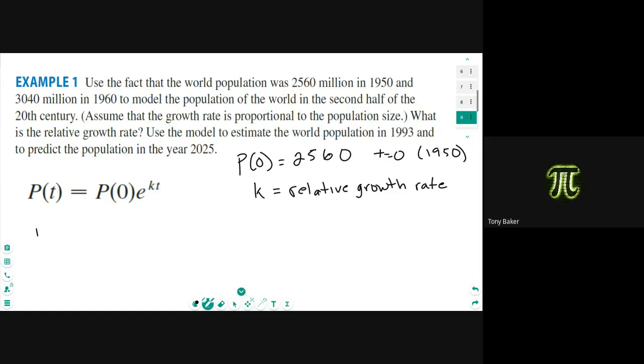Right now we have P of t equals 2560 e to the kt. We have the information for 1960, so what's t in this case? 10. And what's the population? 3040.